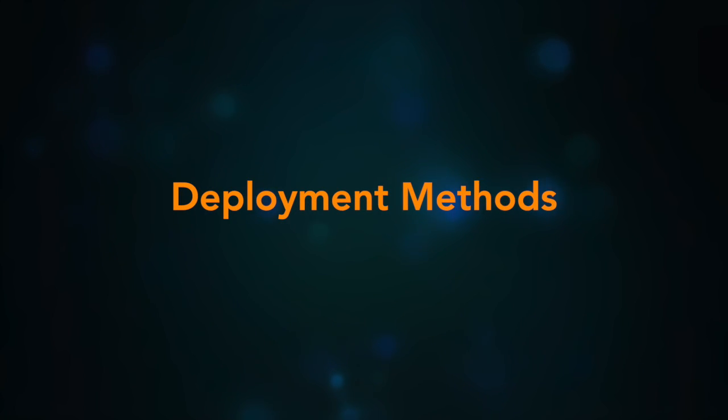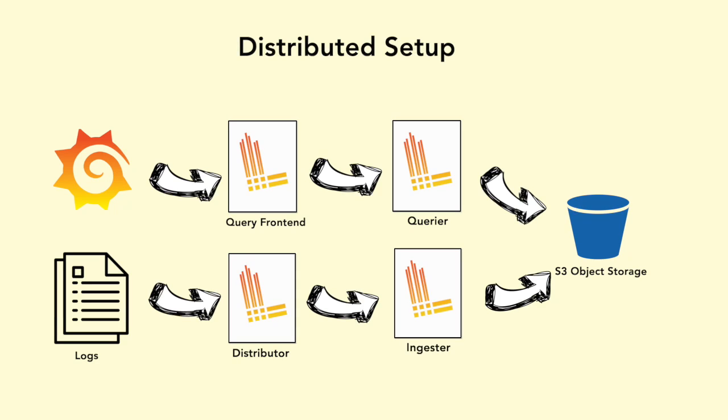There are different ways you can deploy Loki. One is the single binary setup, which you can use for POCs or a small lab setup. The other one is a distributed setup or a microservice setup in Kubernetes with various components like ingesters, distributors, queriers, and they scale up really easily in Kubernetes.